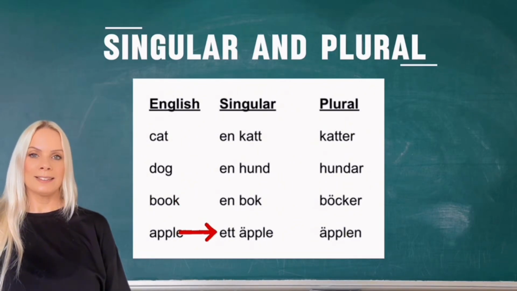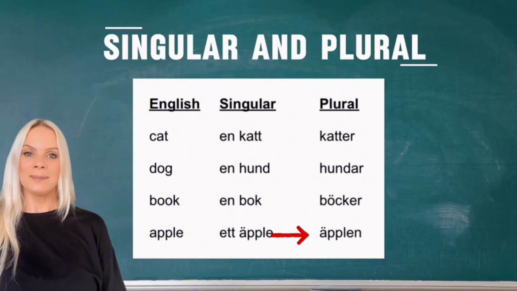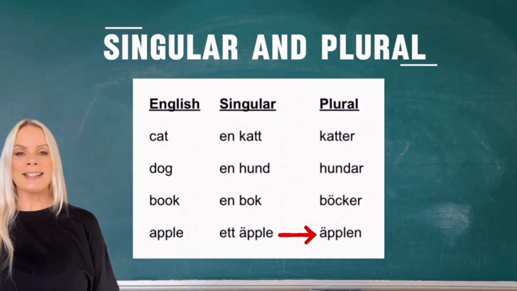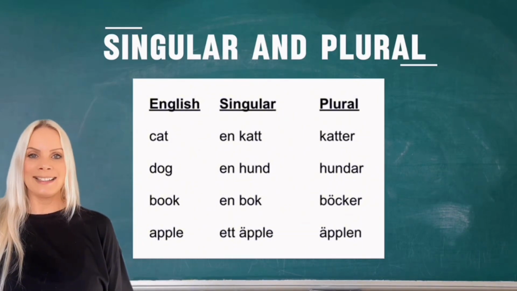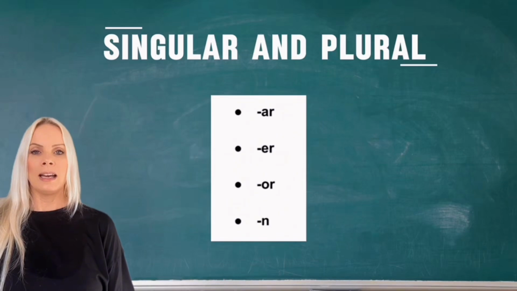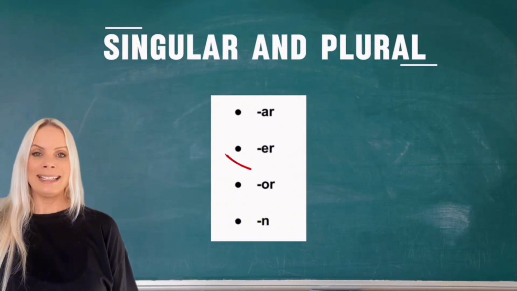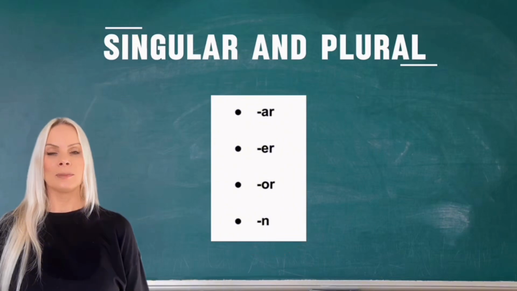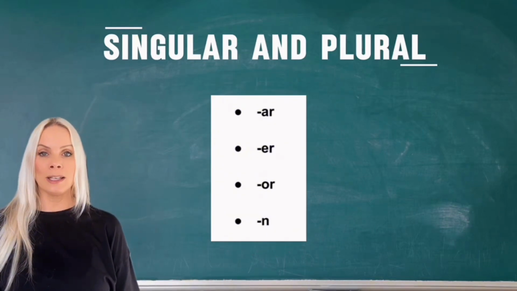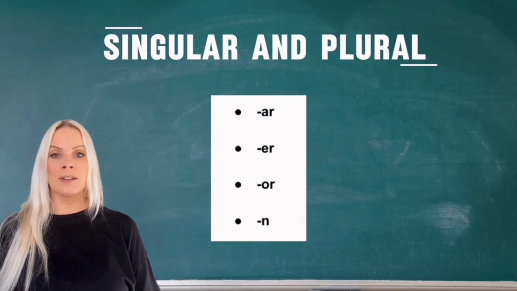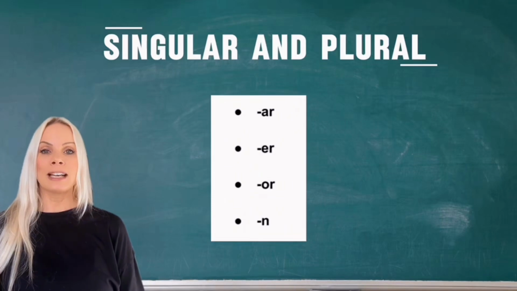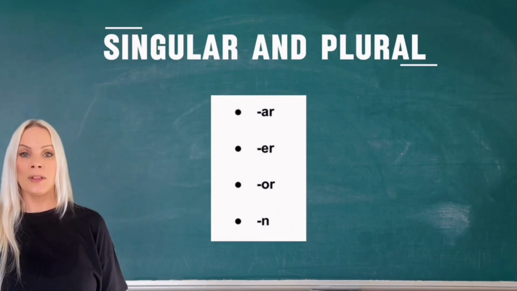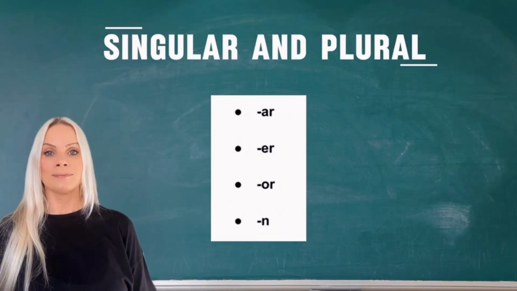Ett äpple, äpplen. As you can see, Swedish often adds an ending like AR, ER, OR, or just N. But don't worry about memorizing all these rules yet. The most important thing right now is simply recognizing when a word is one thing or many things.